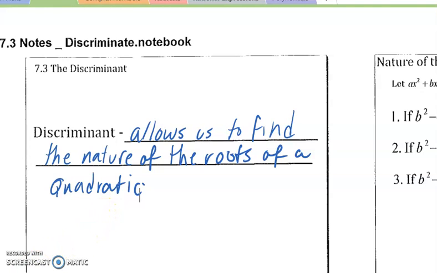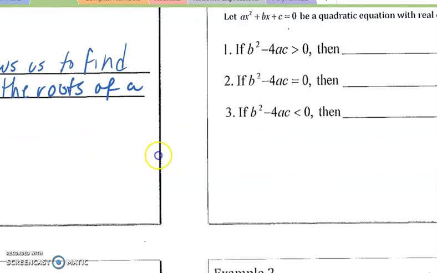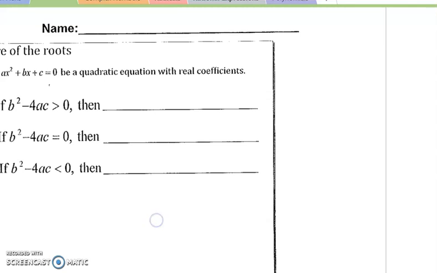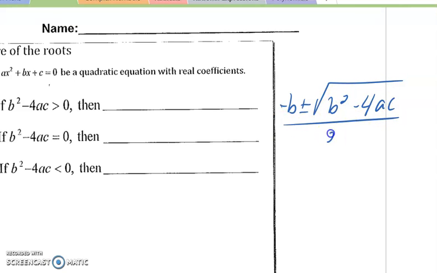So let's talk about what is the discriminant and how do I find it. So I'm going to look here. The discriminant of a quadratic, we know the quadratic formula is this over 2a. The discriminant is what's inside the square root.